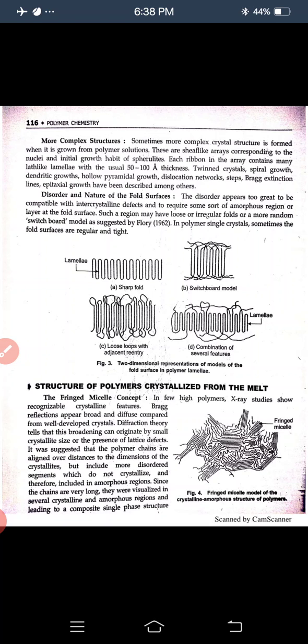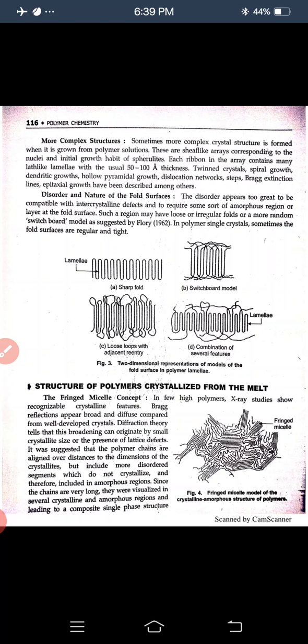Each ribbon in the array contains many lath-like lamellae, usually 50 to 100 angstrom thick. Twin crystals, spiral growth, dendritic growth, hollow pyramidal growth, dislocation network steps, Bragg extinction lines and epitaxial growth have been described, among others.